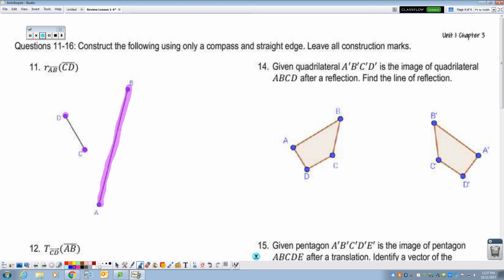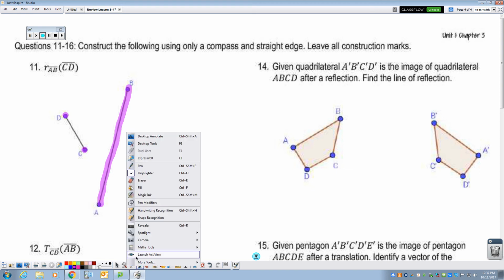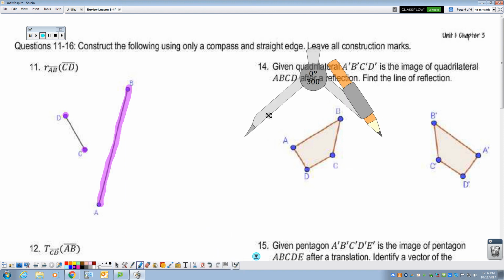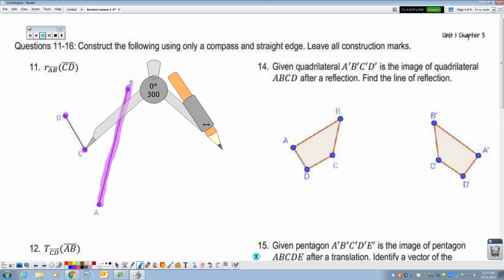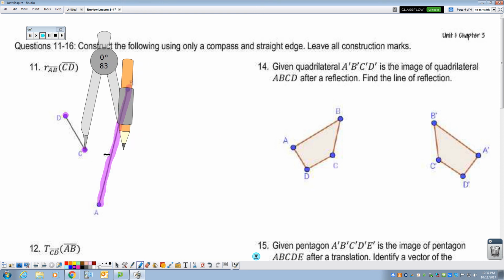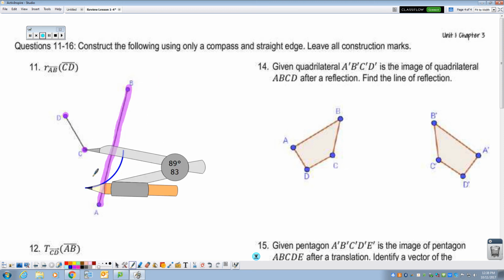To make those perpendiculars, we want to get out our compass, and I'm going to draw an arc that starts at C and intersects my line of reflection twice.